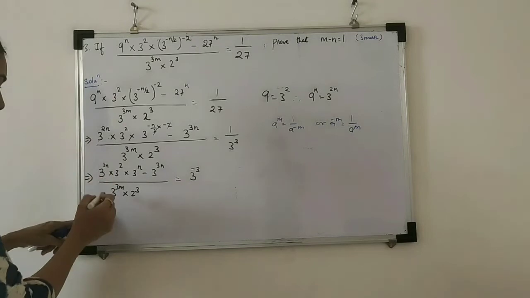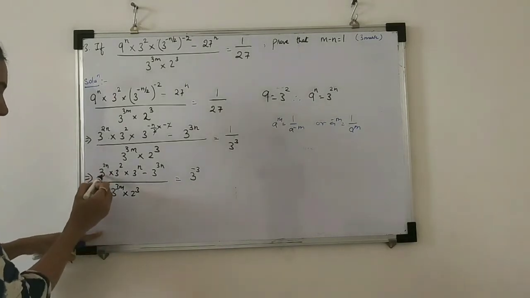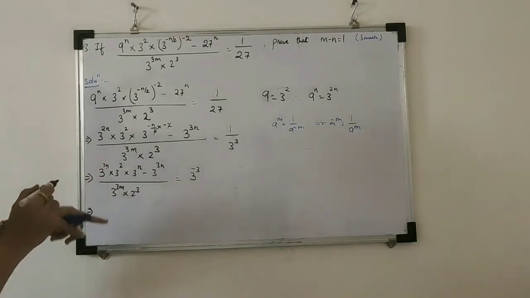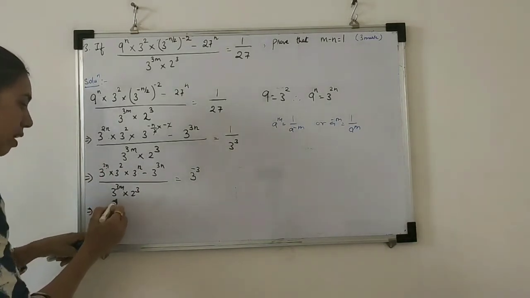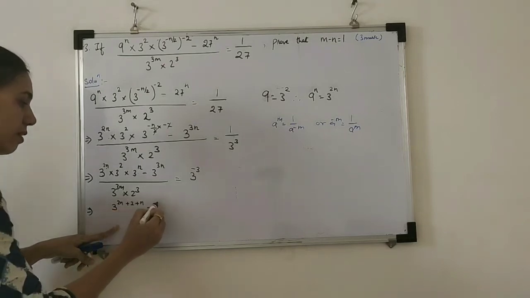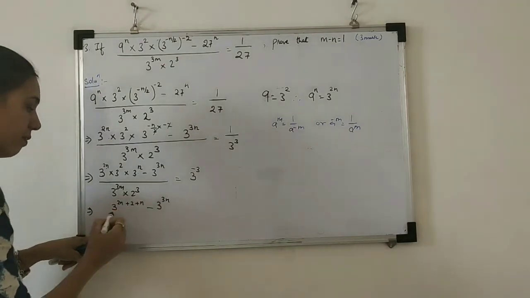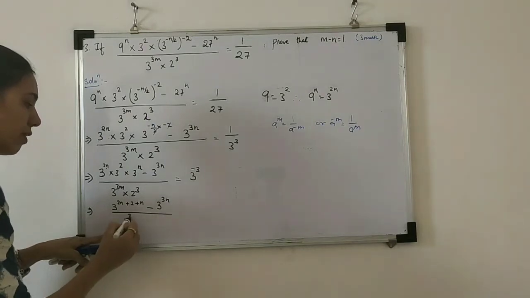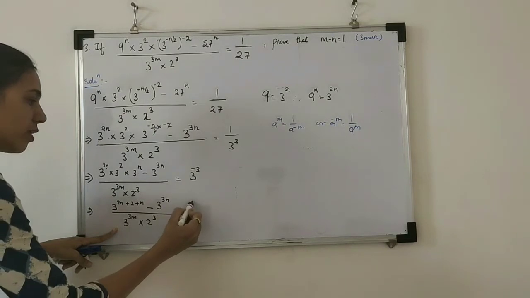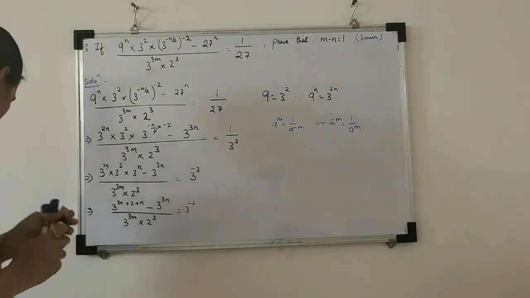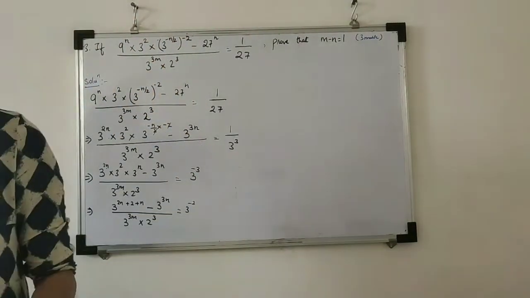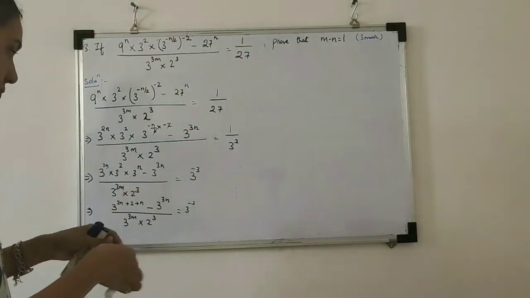Now in the next step, this is 3 to the power 2n and this is 3 to the power n. So actually it is giving you 3 to the power 2n plus 2 plus n, minus 3 to the power 3n, divided by 3 to the power 3m into 2 cube, is equal to 3 to the power minus 3. Wherever required, you need to write down the reason.